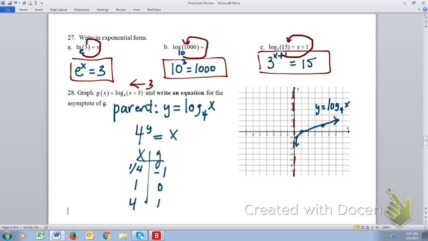Notice when the graph moves left 3, the asymptote will need to move left 3. So let's take care of that first. And let's move each of our 3 points left 3 and draw the graph. And so this is the graph of the function g that we were supposed to graph. Alright, let's move on to 29.